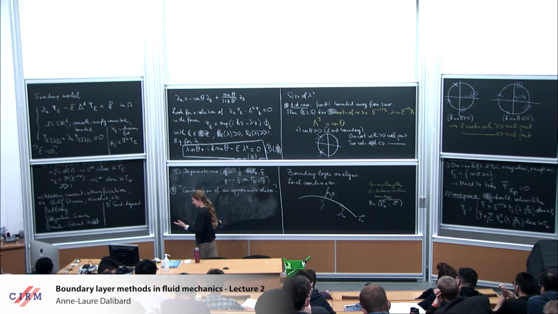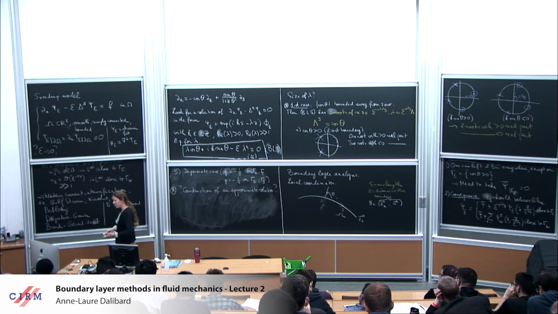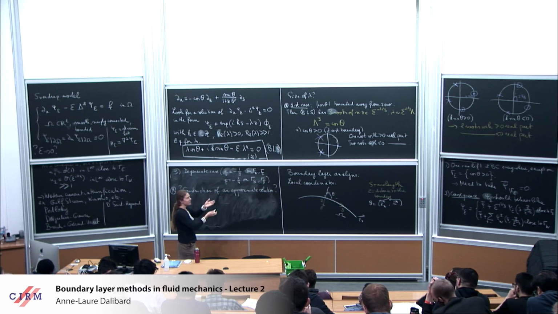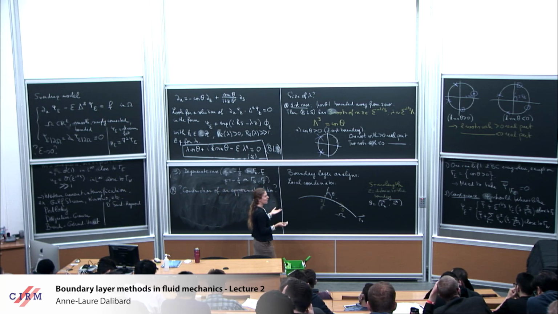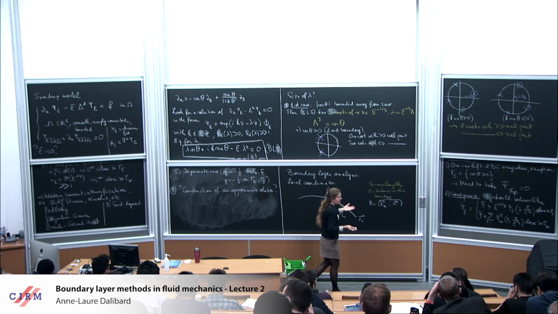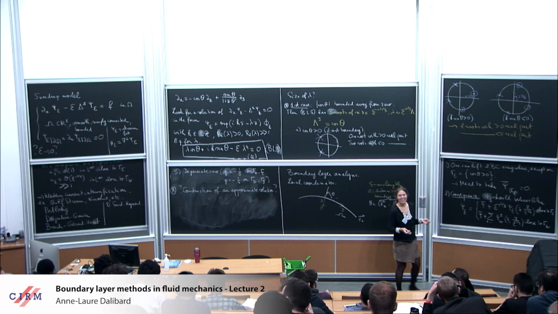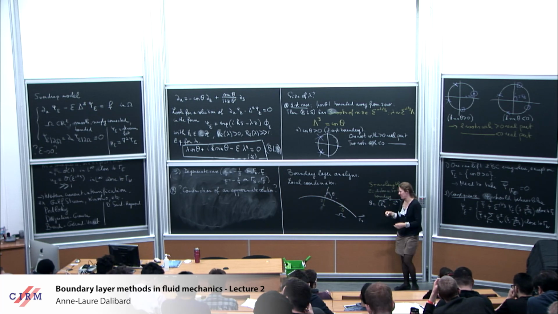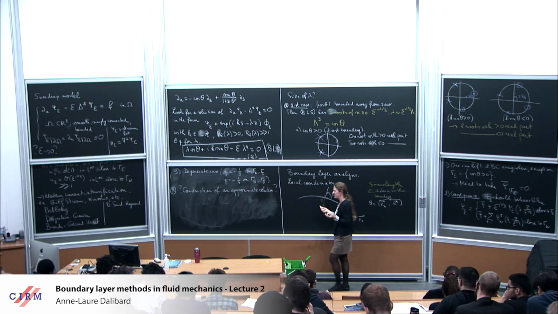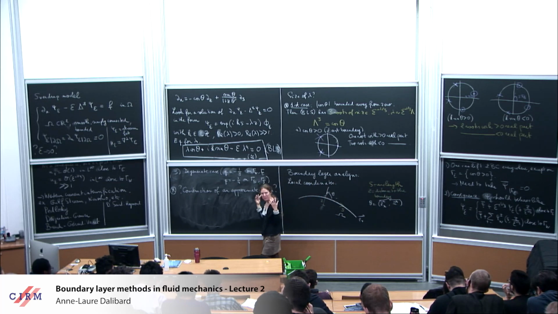This is all very nice, but you want to be on firm ground and to prove that actually this formal theory is giving you the truth somehow. You want to have some rigorous derivation or a rigorous proof of this.